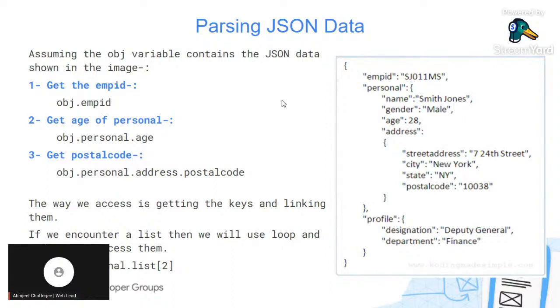You can see obj is our object, personal is the key name for this one, we are inside this object now. Then we have address, another key, and inside this we have the postal code key that gives the value 10038 that we wanted. Now this wraps up most of the theoretical parts of JavaScript and DOM manipulation.